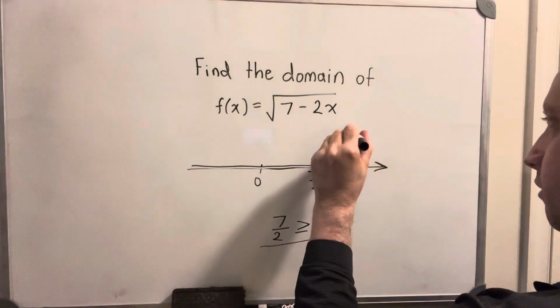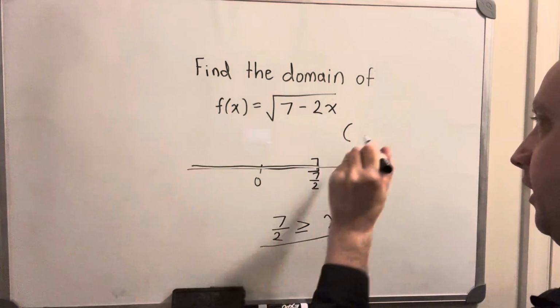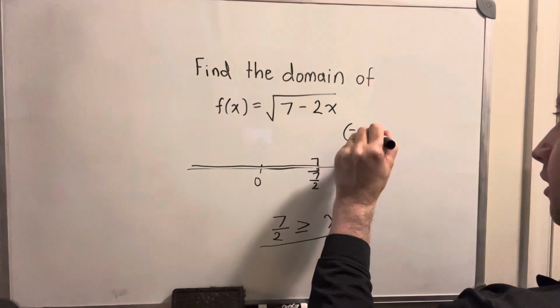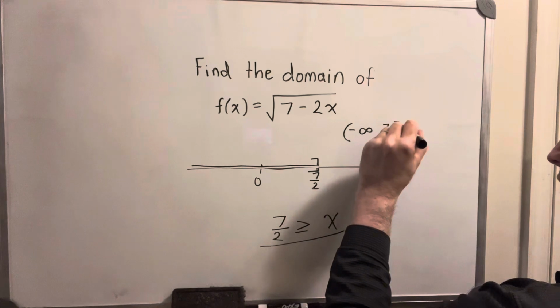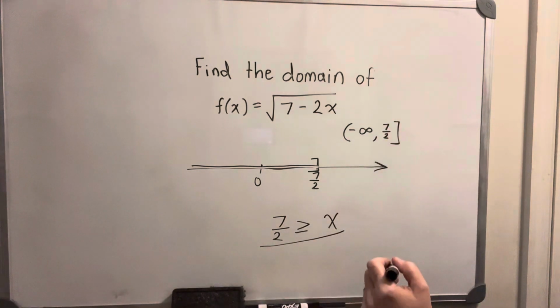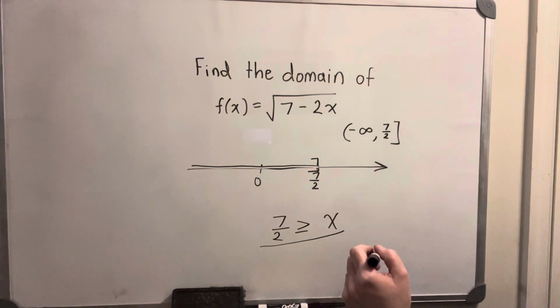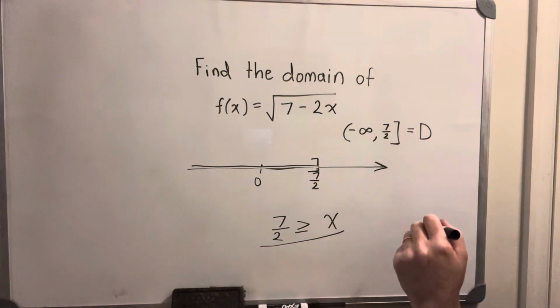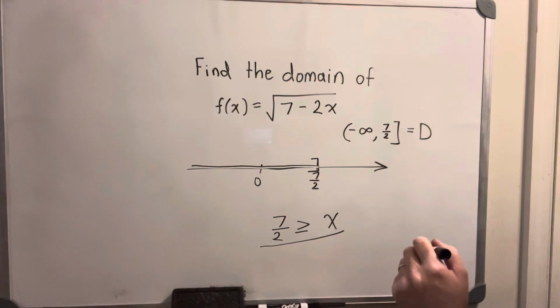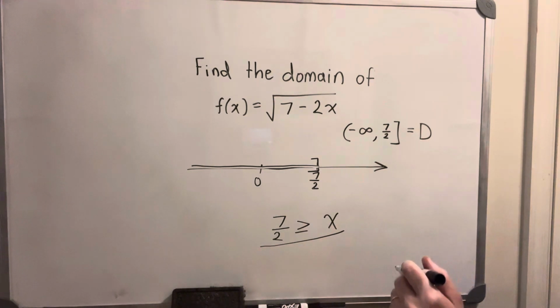Or in other words, we could write the interval from negative infinity all the way to and including 7 halves. So the domain is from negative infinity to the closed boundary of 7 halves.